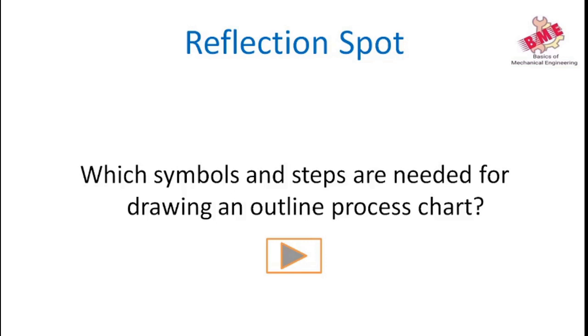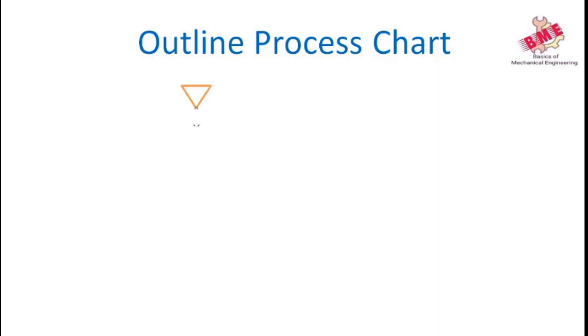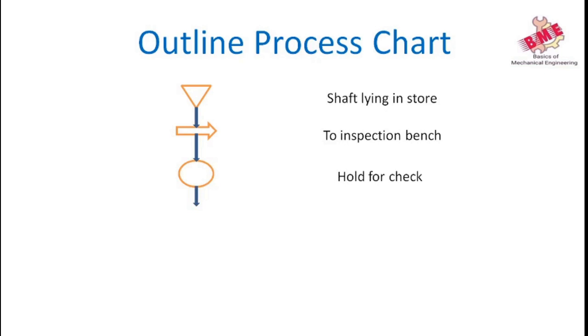First, we have to use the storage symbol because the shaft is stored in a storeroom. From that we have to pick it up. For picking the shaft for inspection, we have to use the arrow symbol. After shifting the shaft to the inspection table, we have to hold that job on a bench, which is shown by a circle, meaning an operation is done.